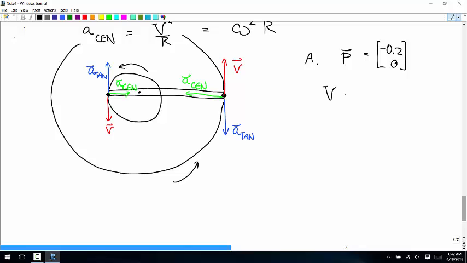The velocity vector we can get with the speed, which is omega absolute value times 0.2. So that's 1 meter per second. It's in the negative y direction, so the velocity vector is 0, negative 1.